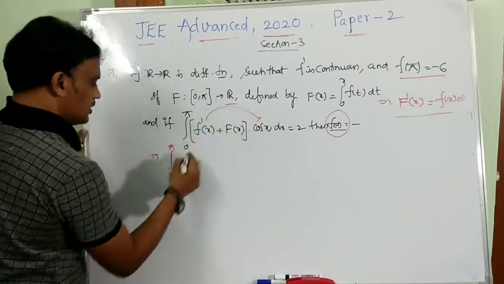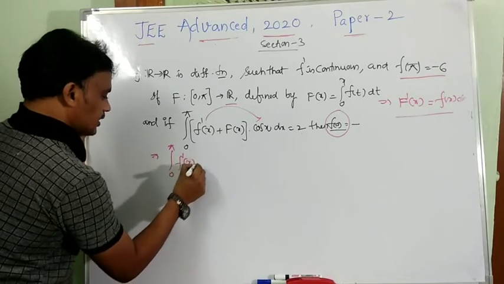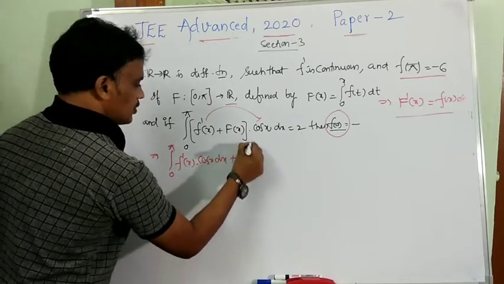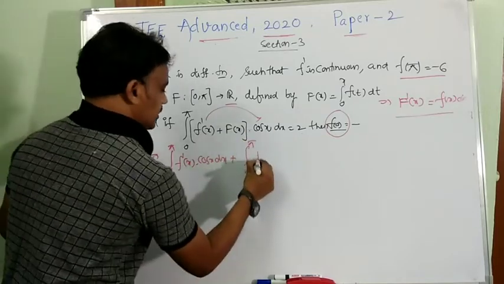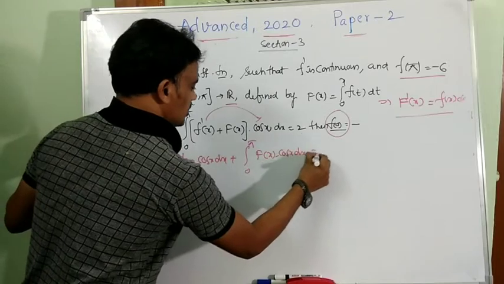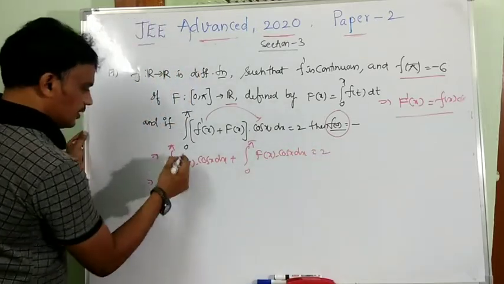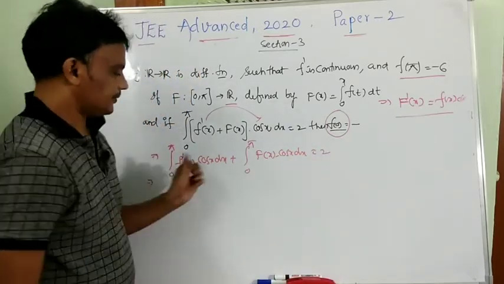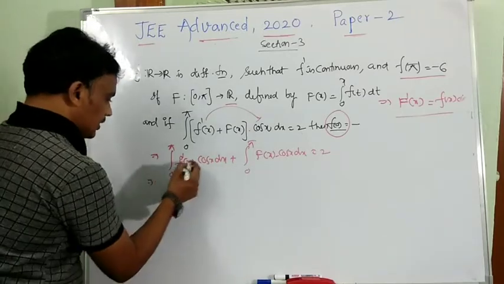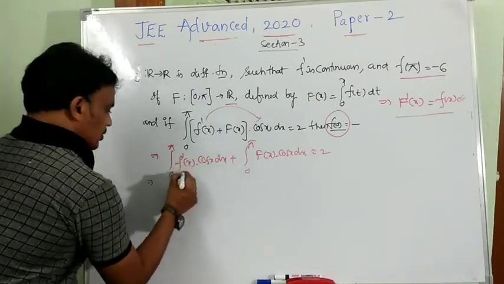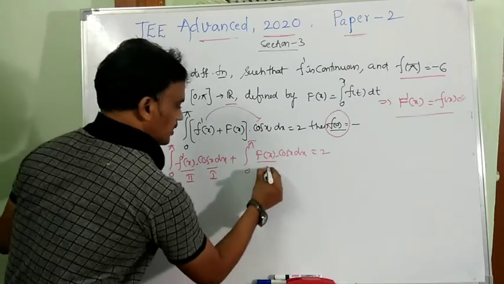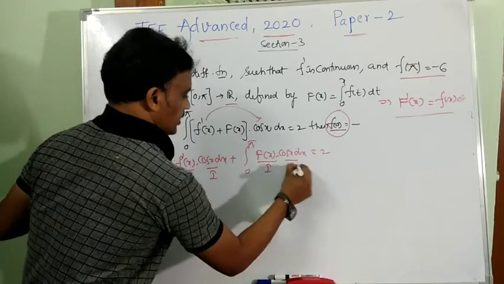The first one is integration of f dash of x into cos x dx plus integration from 0 to pi of capital F of x into cos x dx, which equals 2. First of all, apply integration by parts to the first function and the second function.